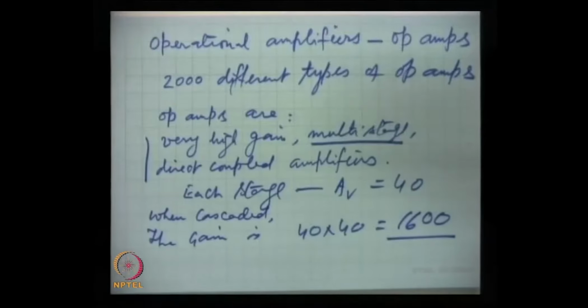Now, a word about coupling. Though we have talked about these points, here it is for the sake of revival of the concept: what is the implication of this direct coupling. I said in the differential amplifier that we can use sinusoidal signals or even DC voltages as input signals.